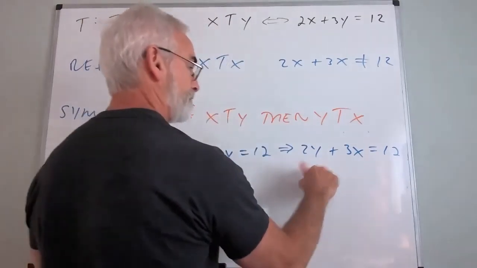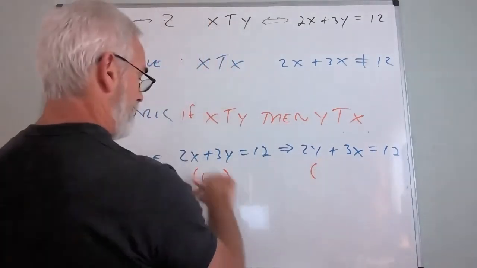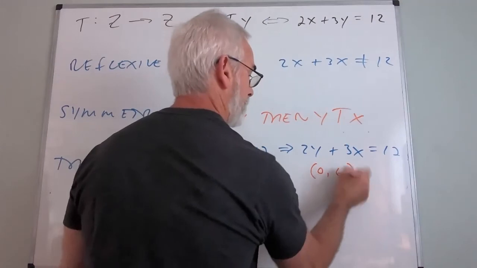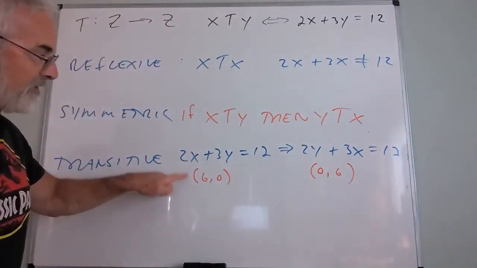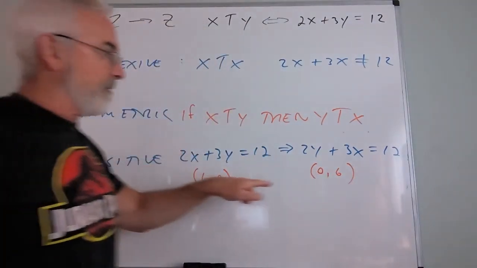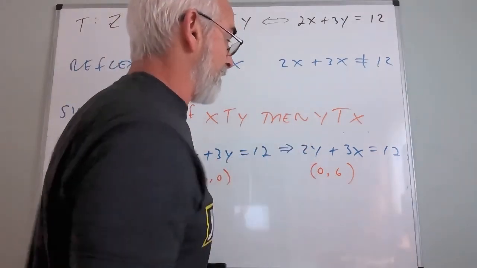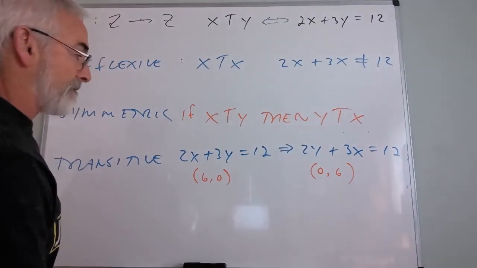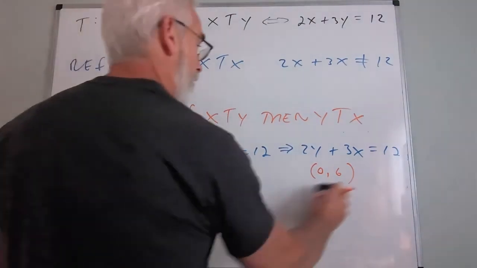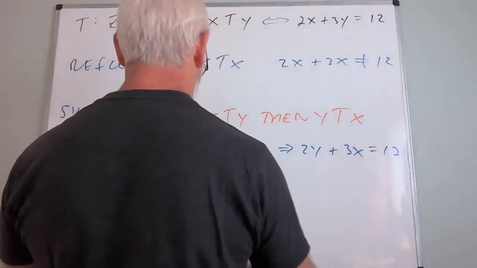Over here, I'm switching the roles of X and Y. 6, 0 is most definitely on this line. But 0, 6, is that on this line? Well, actually, that was probably a lousy way of saying it.